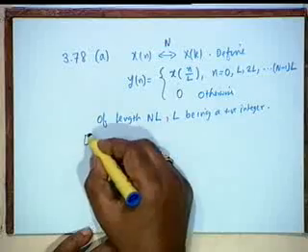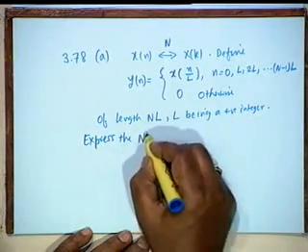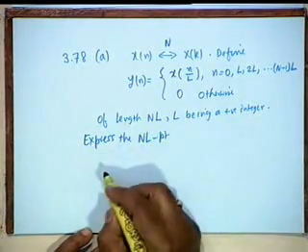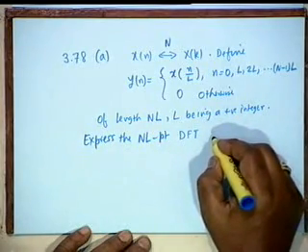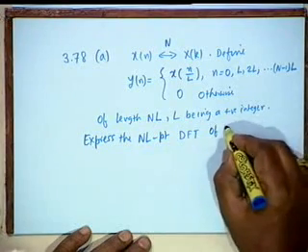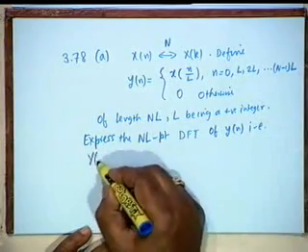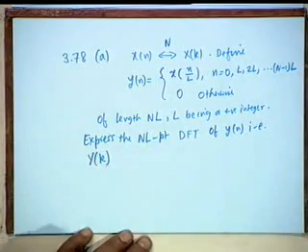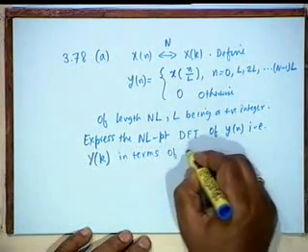The question is, express the NL point DFT of y of n, that is capital Y of k, in terms of x of k.